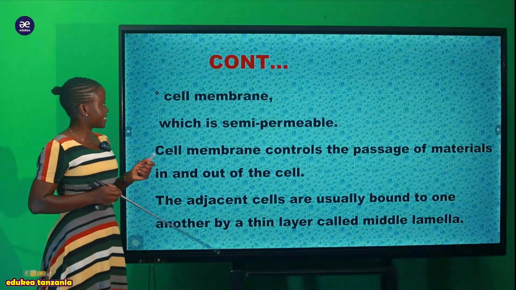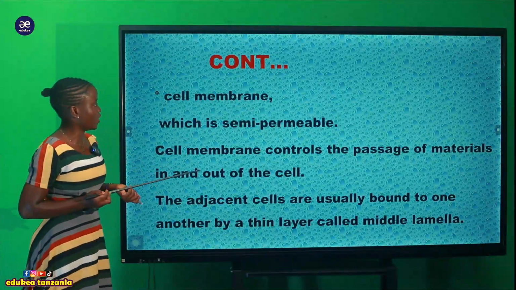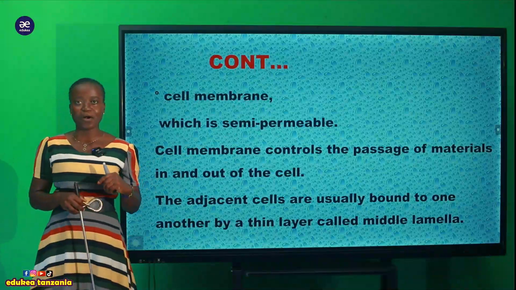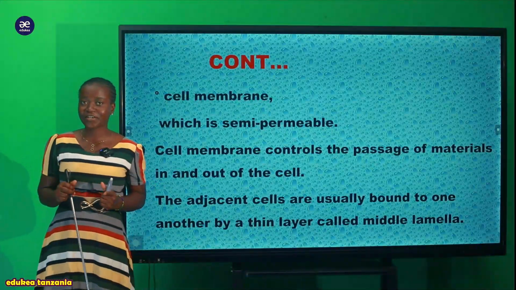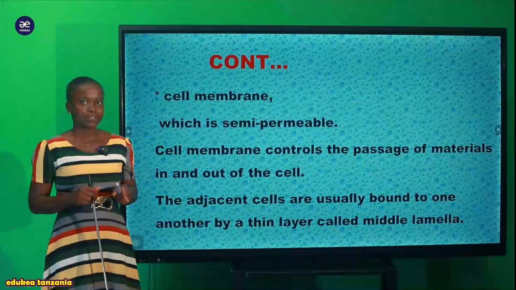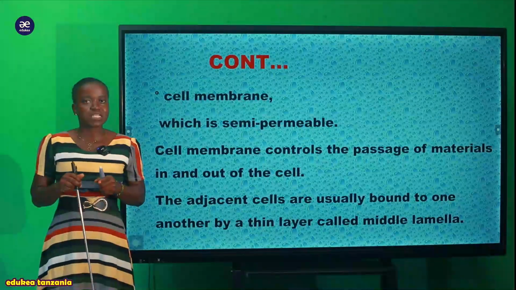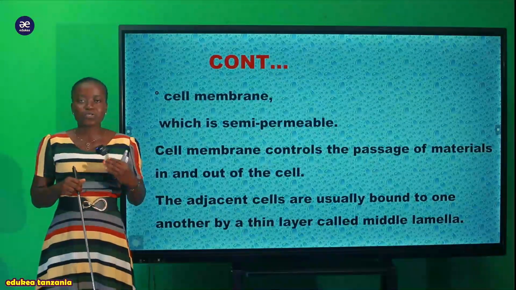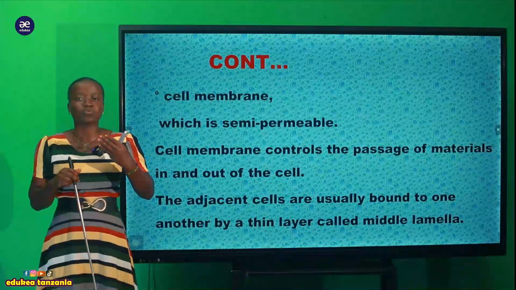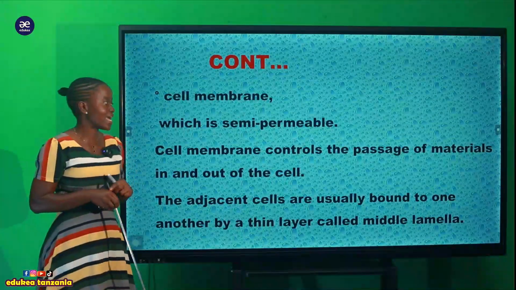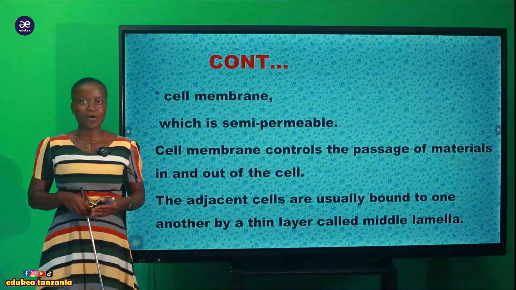We are saying that this cell membrane is also called the semi-permeable membrane. Why is it called the semi-permeable membrane? It is called the semi-permeable membrane simply since it allows materials or substances to get in and to move out of the cell. That's why it is called the semi-permeable membrane.